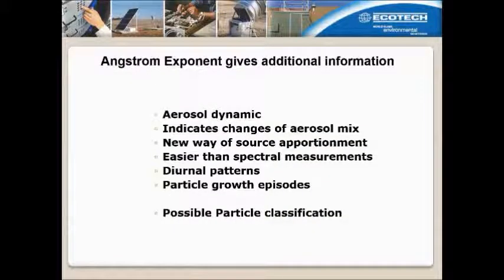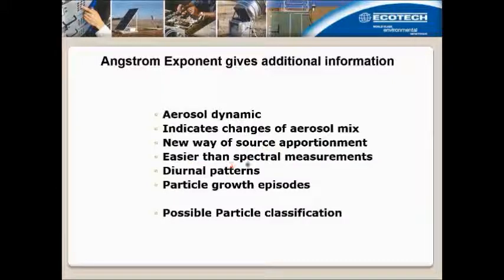So I hope I showed you that the angstrom exponent gives you a couple of extra pieces of information. You get something like the aerosol dynamics. You get indicators of a changing aerosol mix. You have a new way of source apportionment, because you can now say, I only want to look for particles with that type of angstrom exponent and look for where they're coming from.